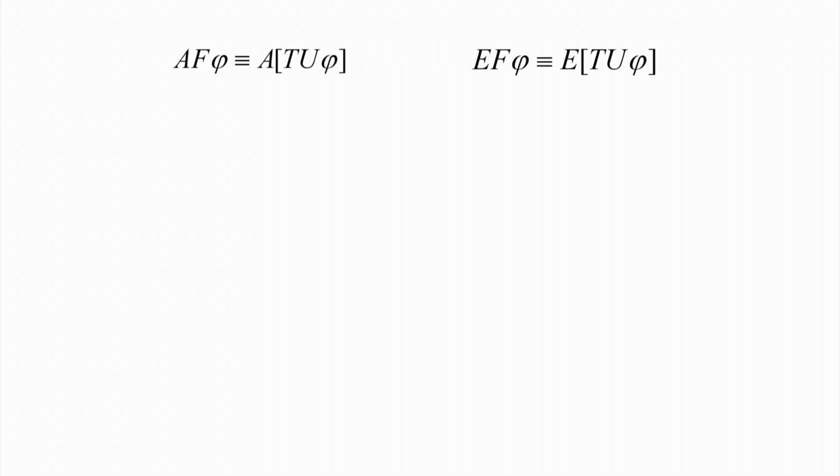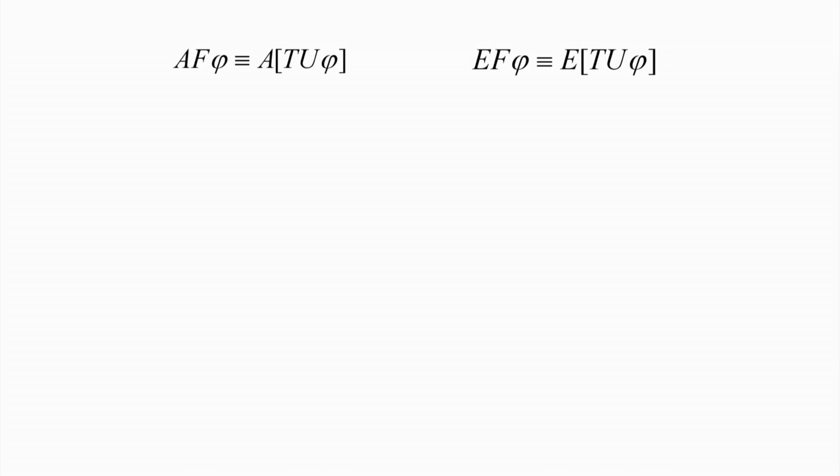Another two equivalences I am citing here. One talks about the future. A F phi is equivalent to A T until phi. Second, E F phi is equivalent to there exists a path T until phi.